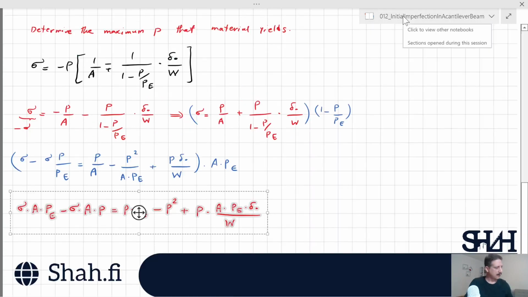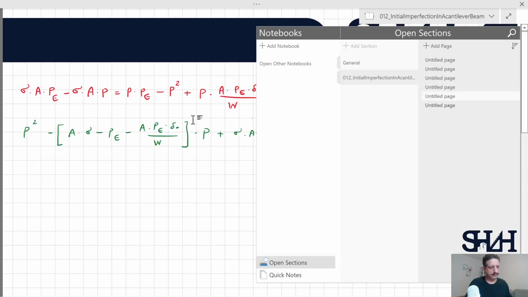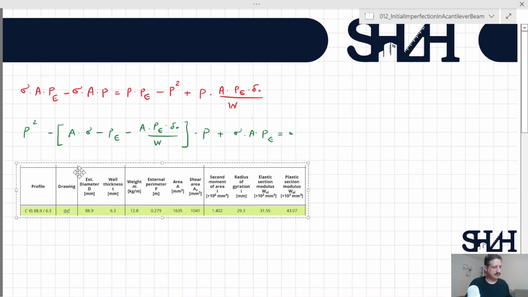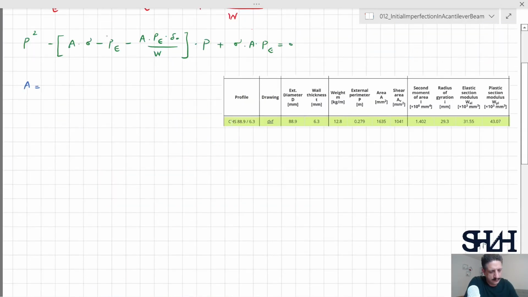If we continue with the same cross section, A will be 1635, sigma will be sigma yield, which is 275 megapascal.